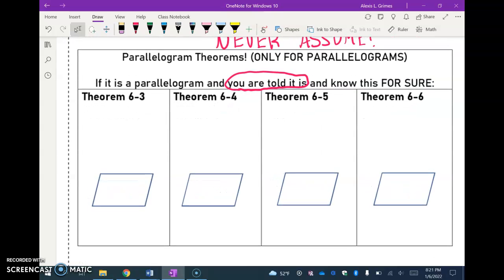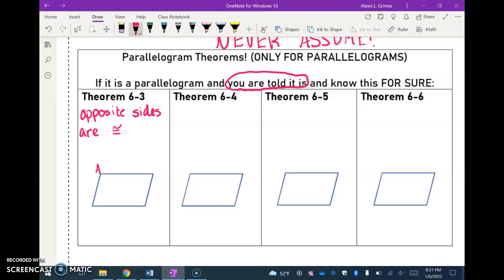Theorem 6-3 means if you have a parallelogram, opposite sides are congruent. Opposite sides are congruent. So let's name these corners here.